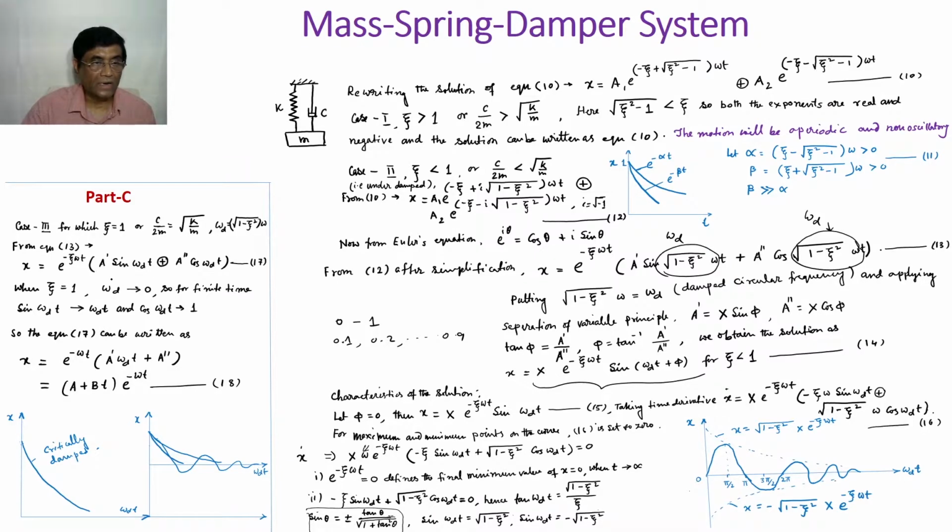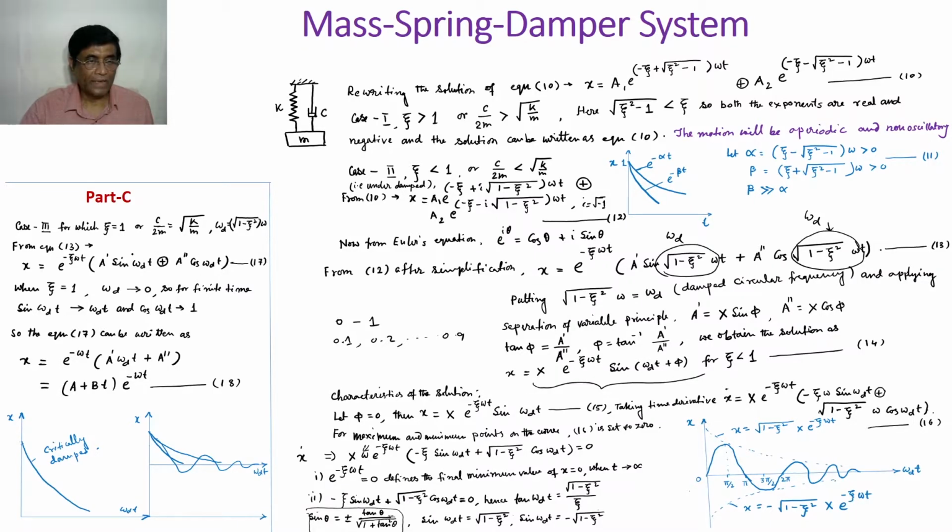You see, zeta equals 1 means omega d is tending towards 0. Okay. So for finite time, sine of a small quantity which is tending towards 0, sine theta will be theta, that is omega dt, and cos omega dt will tend towards 1. That's, again, class 12 trigonometry. If the angle of oscillation is too small, sine theta will be theta, cos theta will be 1.